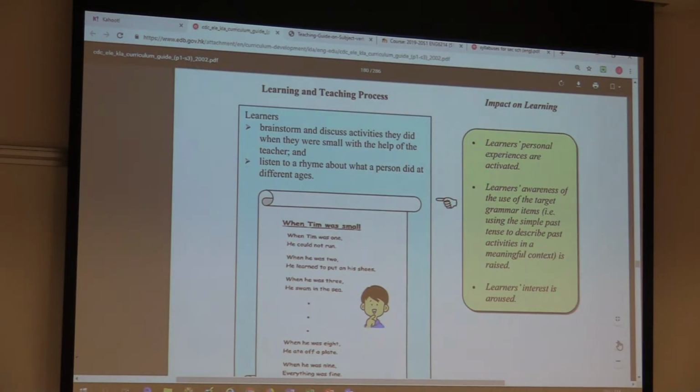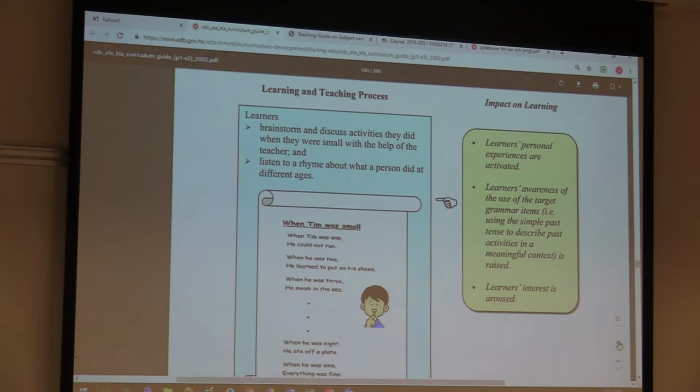And what makes it related to the students is that you can also ask them to say whether those sentences they have made happened to them as well when they were small. Okay, finally, you have the last activity, the production stage.